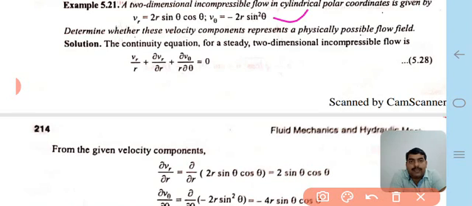Now we come to the solution part. We know the continuity equation in polar coordinates of two-dimensional incompressible flow is Vr upon r plus del Vr upon del r plus del V theta upon r del theta is equal to 0.